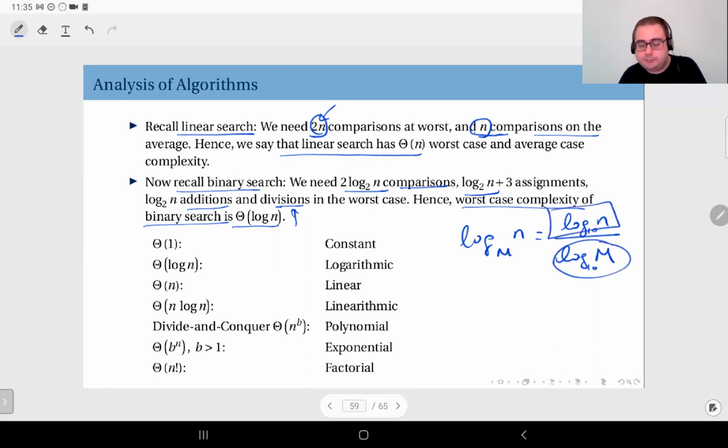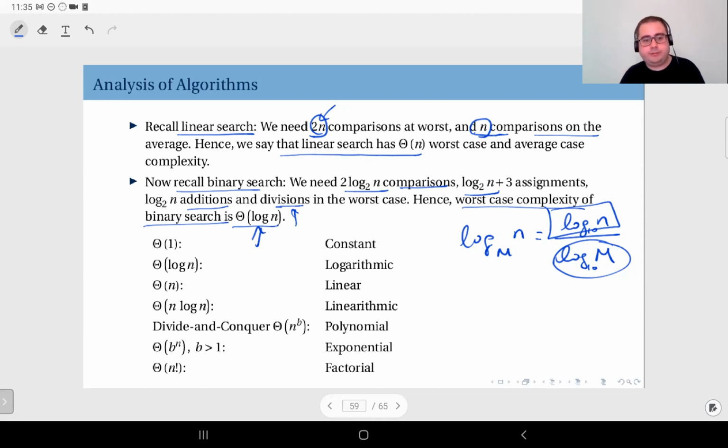So we usually use log n instead of log 2n. We don't really indicate the base because it's irrelevant. All logarithms have the same growth rate.